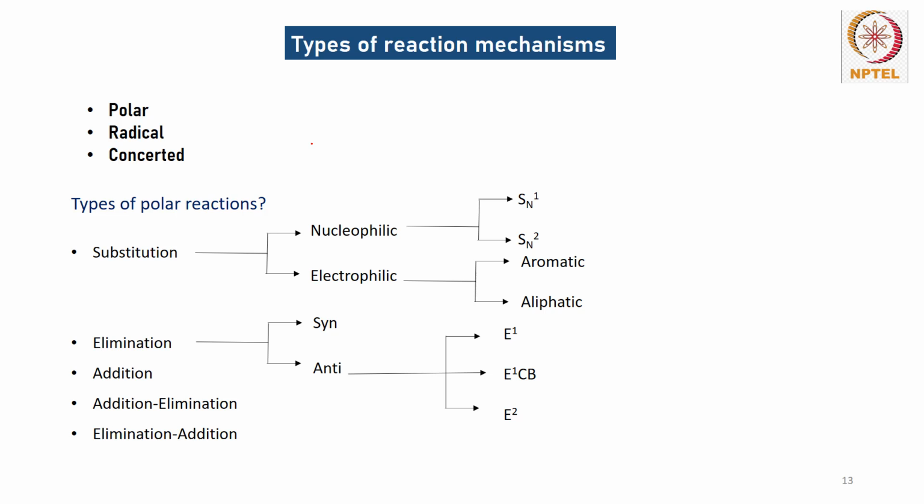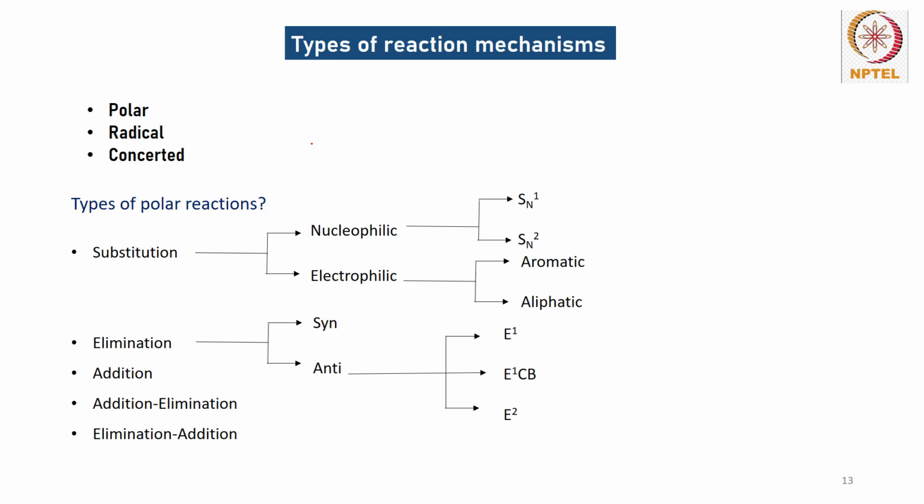it's happening in a single step, where there is no formation of an electrophile or nucleophile, and no electron deficient center is created. Partially electron deficient and partially electron rich centers are reacting with each other. They are not forming a proper cation or anion. They are just reacting in the same system.